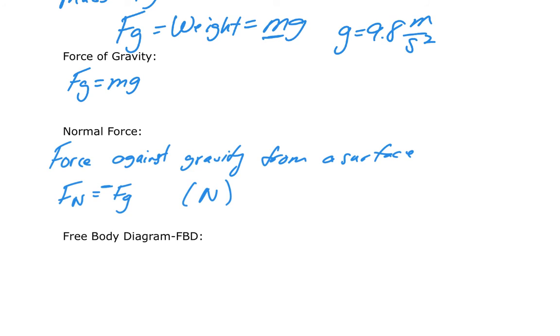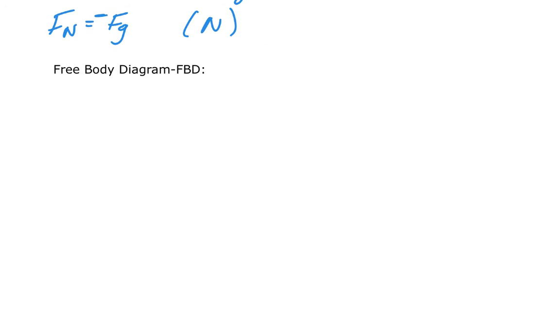Okay. Some reminders for a free body diagram. Remember, we're going to use a dot for the object. Right, we don't actually have to draw a box or a table or a chair, whatever we're doing the free body diagram for. Remember, the back of the arrow always starts on the dot.